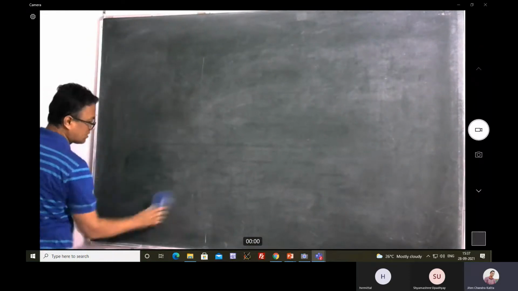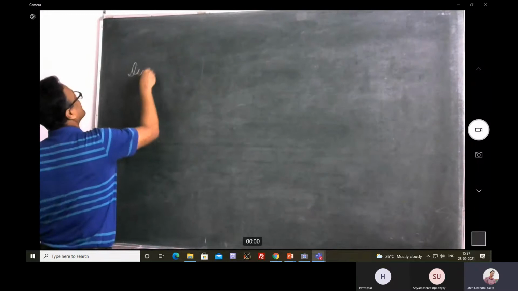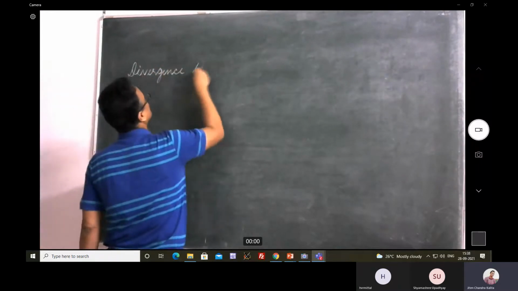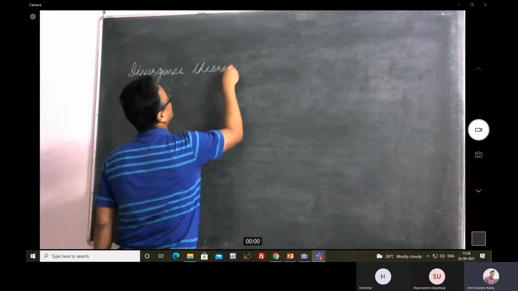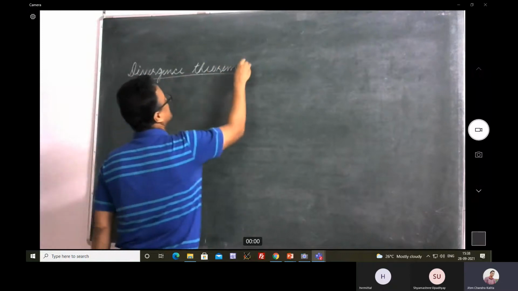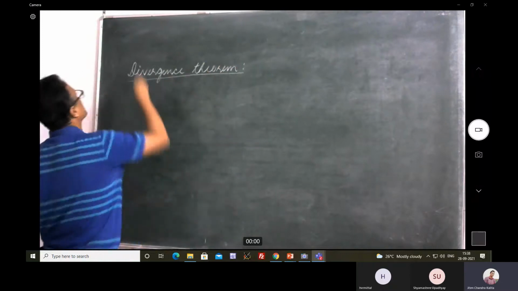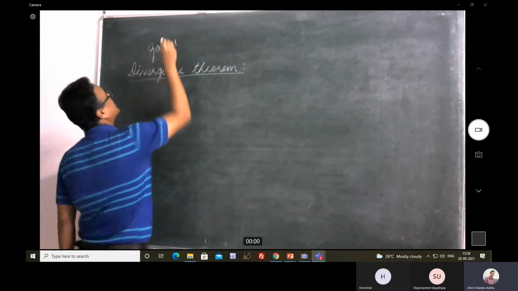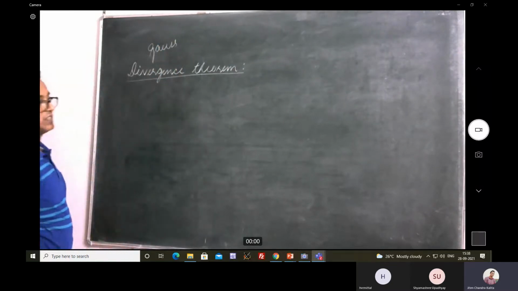So now what we are going to do, we are going to go to the divergence theorem, and you should remember that this divergence theorem is due to Gauss. It is also called Gauss's divergence theorem.